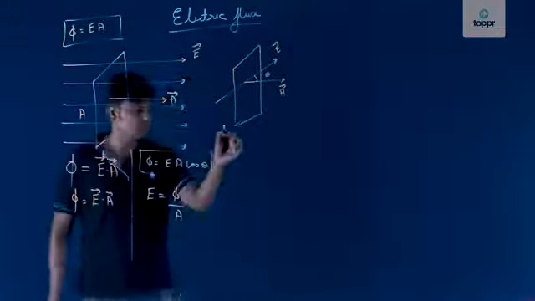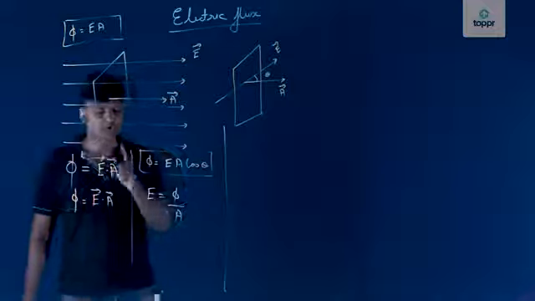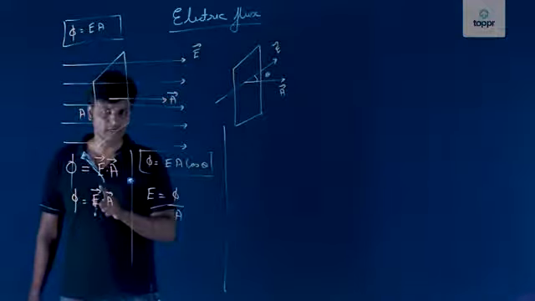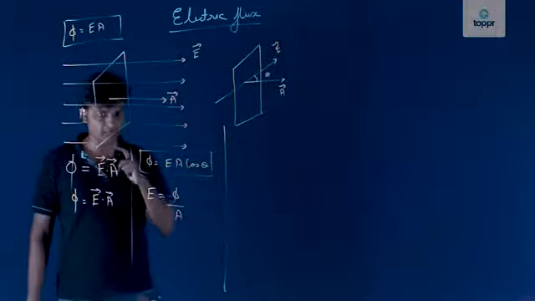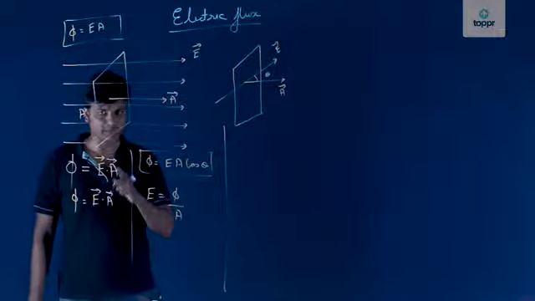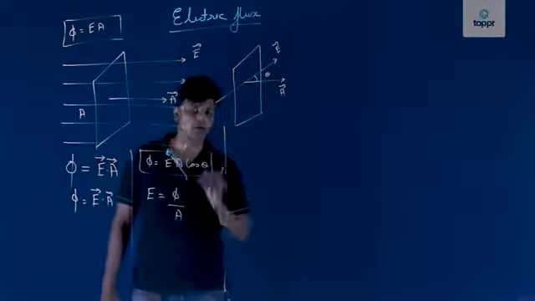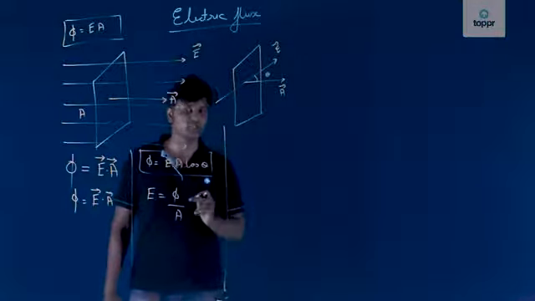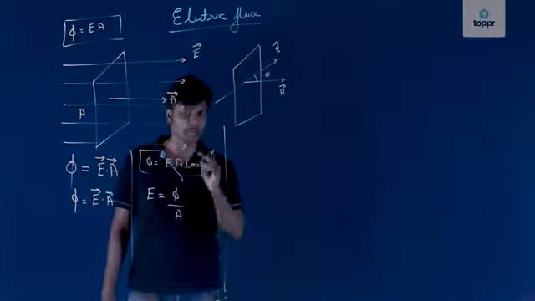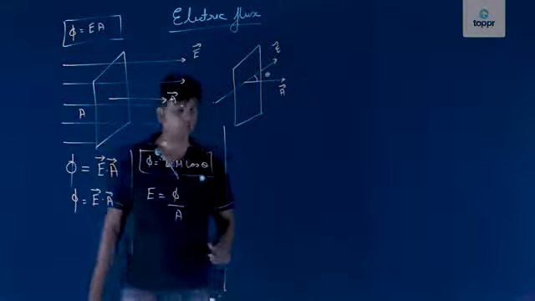So we know now what is electric flux. It is the magnitude of electric field which is passing through the area A. Simply, it is the product of the magnitude of electric field and the area through which this electric field is passing perpendicular. So what is the unit of flux?